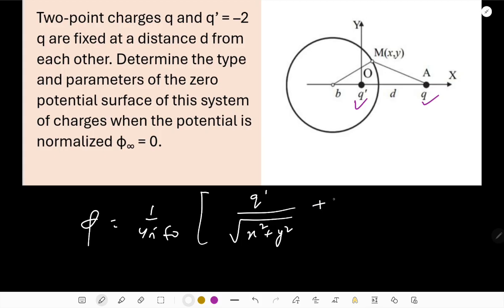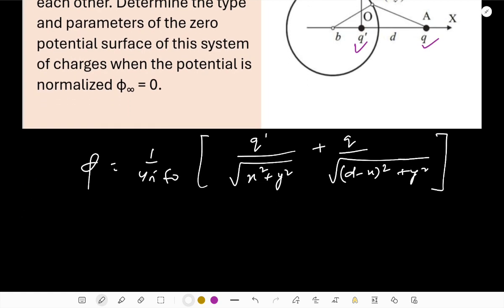And for q, we can write q by the distance from q, which will be under root d minus x square plus y square, if the origin is placed at point O. And this is simply the distance AM from point A to M. And if at this point the potential is equal to 0, we can solve it.